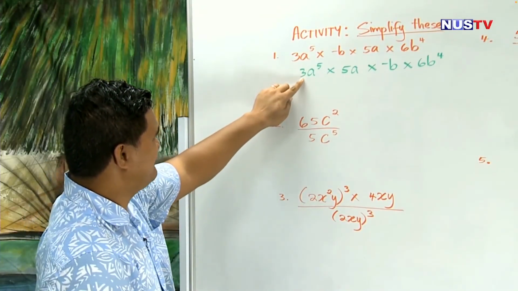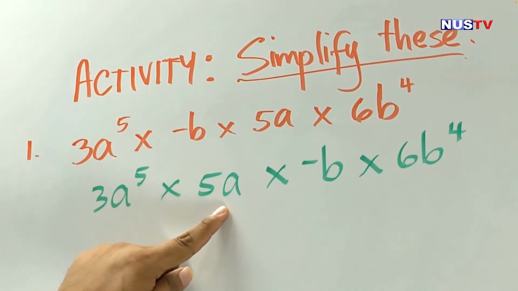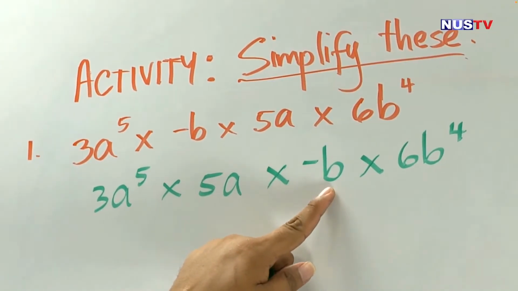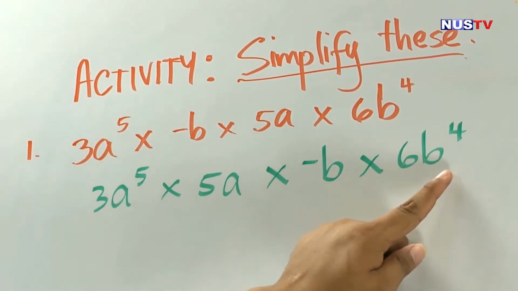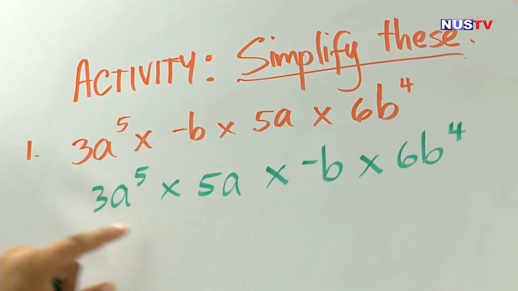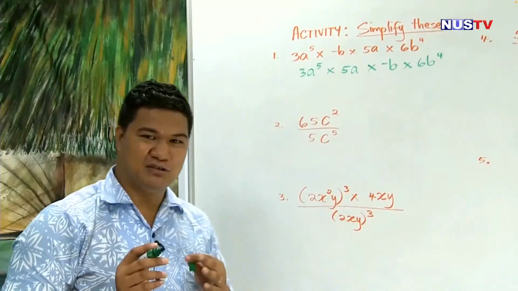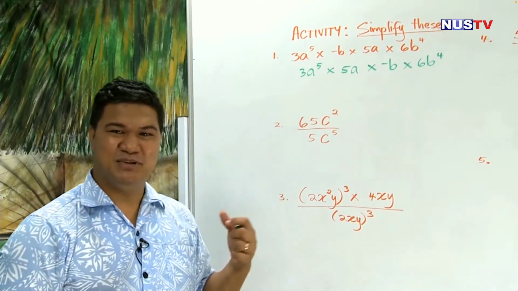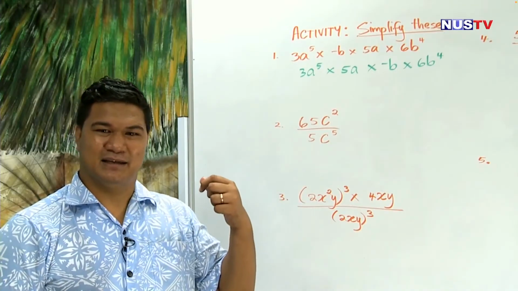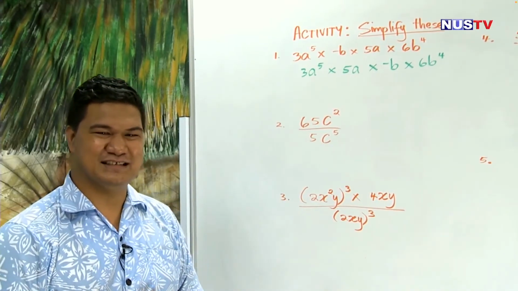So now we have 3a to the power of 5 times 5a multiplied by negative b times 6b to the power of 4. All of those numbers were derived from what we had on the top. What we are going to do next is simplify them by using our laws of indices.